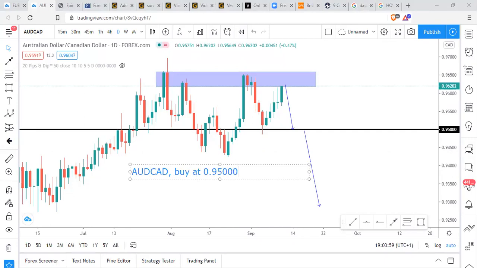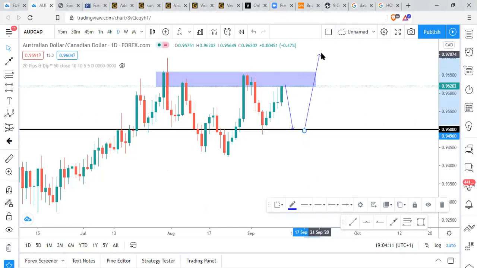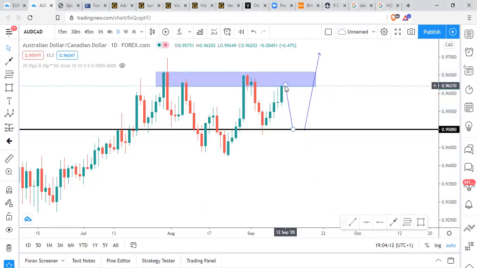Sometimes they're telling me that once price gets here, they want us to place a buy. They are saying once price gets to this point, we should place a buy. This is the current price, 96202. 9500 is lower than 96202. They're telling us to buy at a lower price, so you do what? Buy limit.